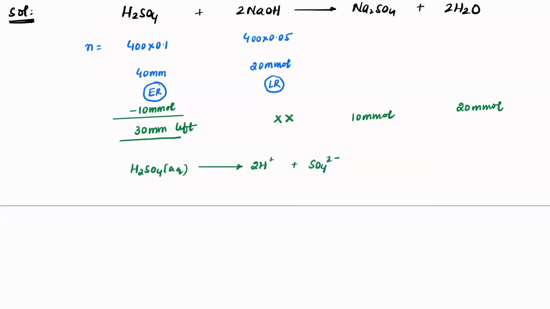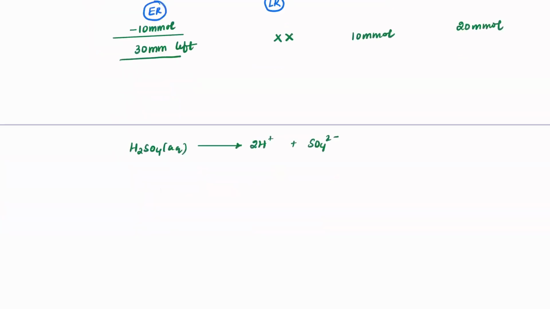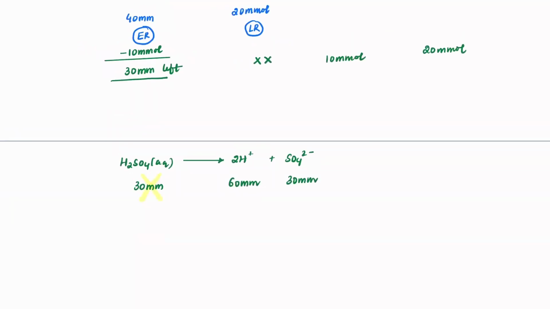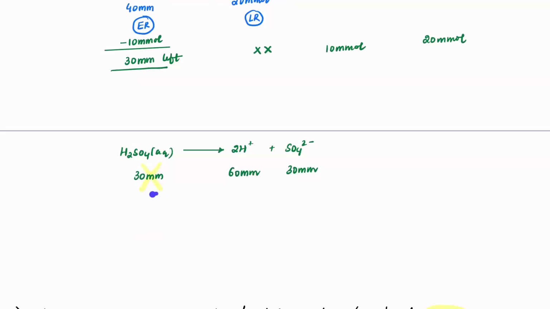And as I said, we have a total of 30 millimoles. These 30 millimoles will get completely ionized into the solution and convert into 60 millimoles of H plus and 30 millimoles of SO4 2 minus.